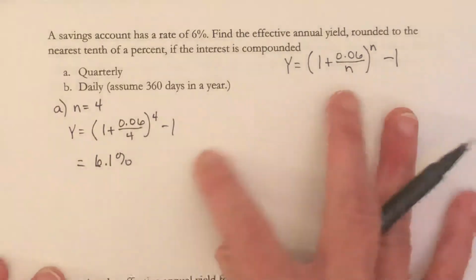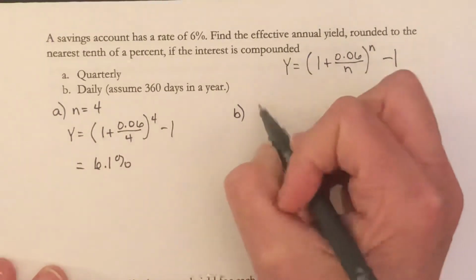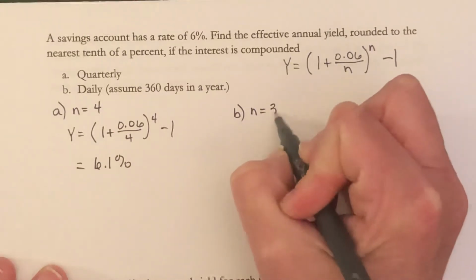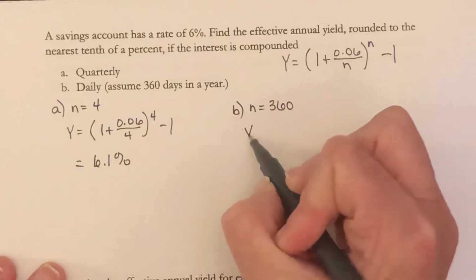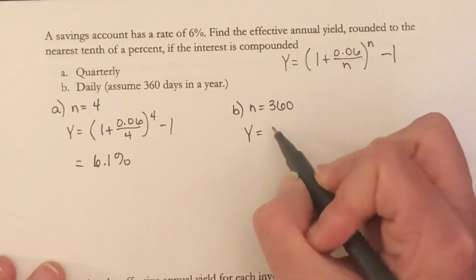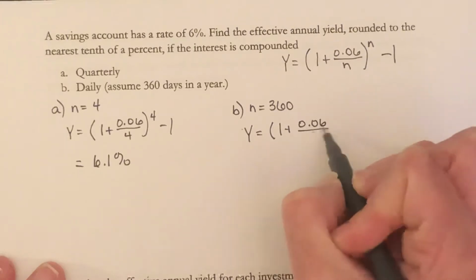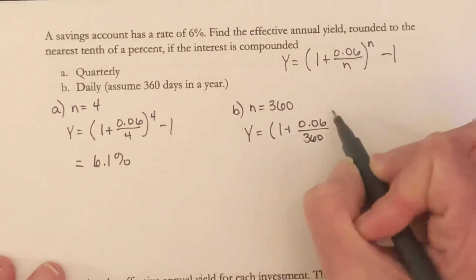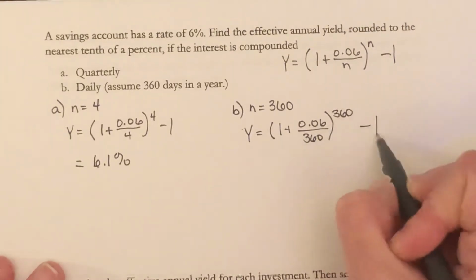Let's do the same thing for part B, but this time 360 times. Our n is 360. So the yield is 1 plus 0.06 divided by 360, raised to 360, and then subtract 1.